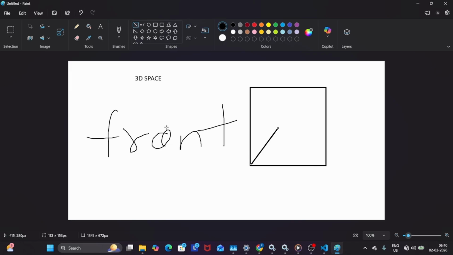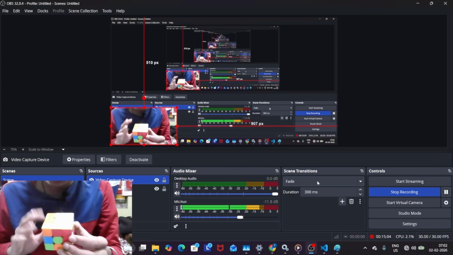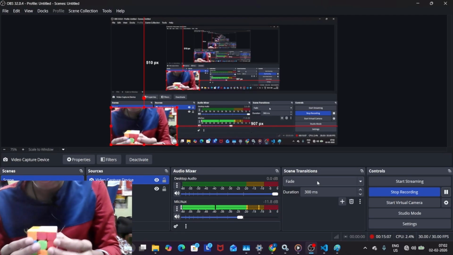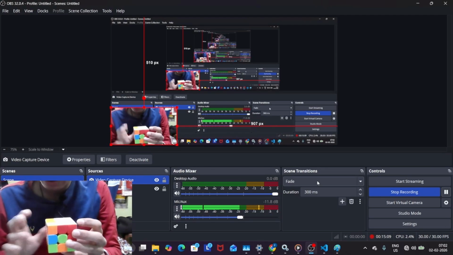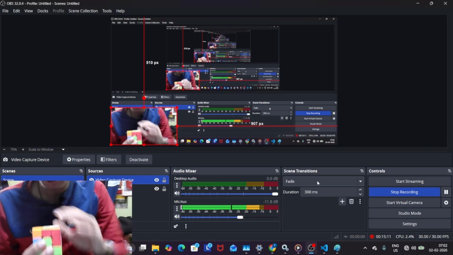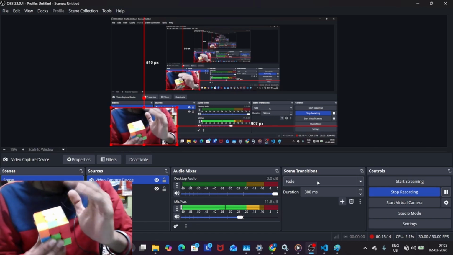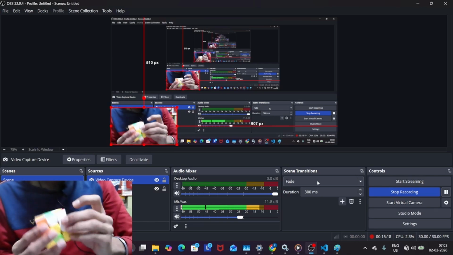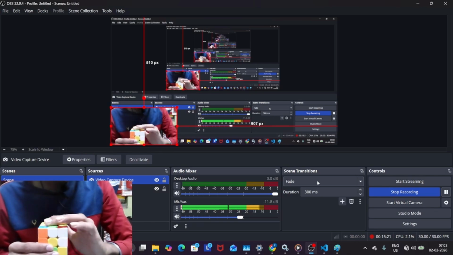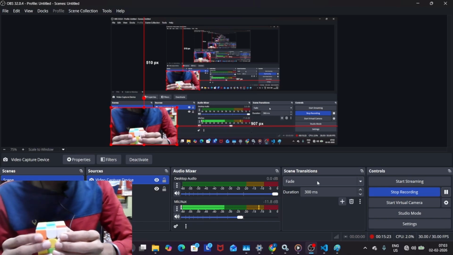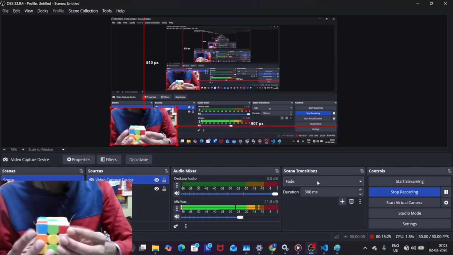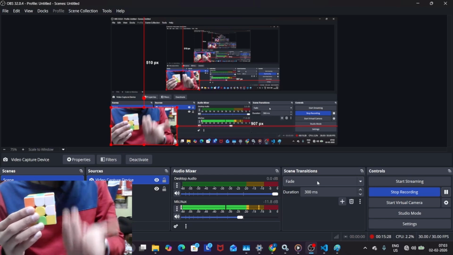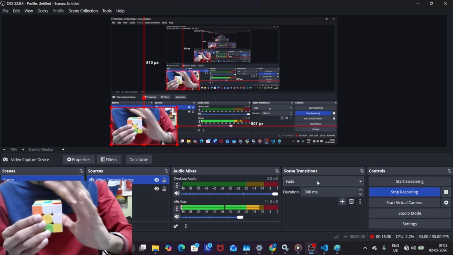So now let's go to our Rubik's Cube example, and I will show you that thing. So this is my cube, and I have told you that one axis would always be fixed. For example, these are the top stickers. If I move them, you notice one thing: the y-axis is fixed.